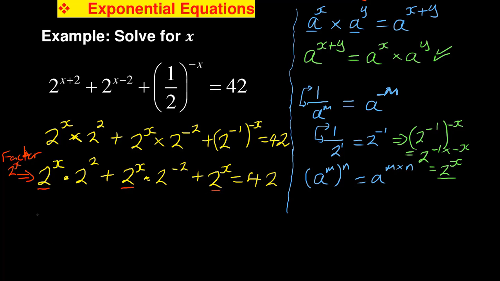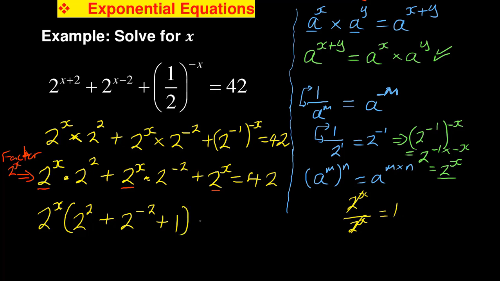So if I factor out 2 to the exponent x, what will remain inside the brackets will be 2 to the exponent 2 plus 2 to the exponent negative 2 plus 1, because when I divide 2 to the exponent x by 2 to the exponent x, remember there is a 1 that is going to remain here. Most of the students will say nothing, but there is a 1 because you're dividing. In this case, you are saying 2 to the exponent x over 2 to the exponent x. If you cancel, you are left with 1.